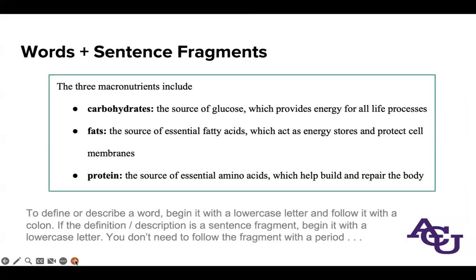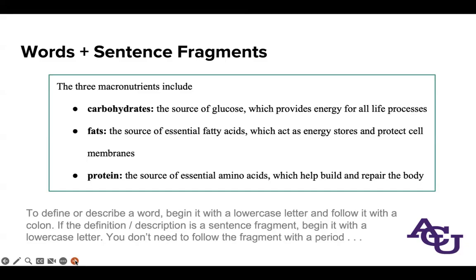So our next example is what if we want our bullets to consist of both a word and a sentence fragment? In this case, here's the example first. The three macronutrients include, this time I don't have a colon because I need those words, carbohydrates, fats, and protein to finish my sentence.